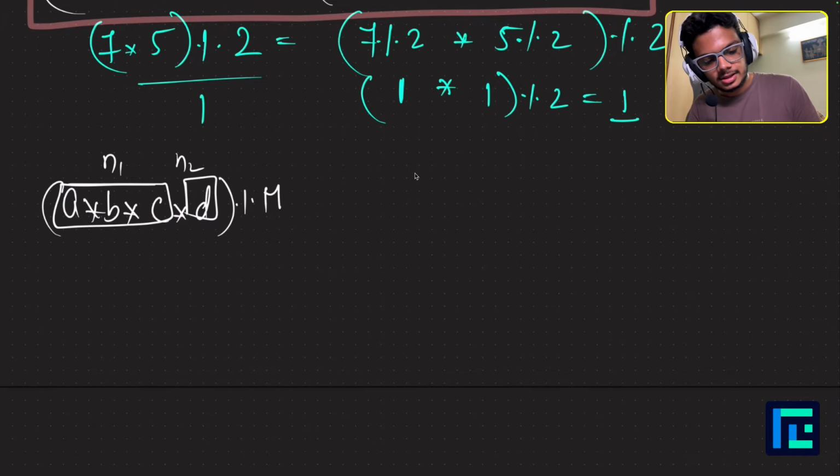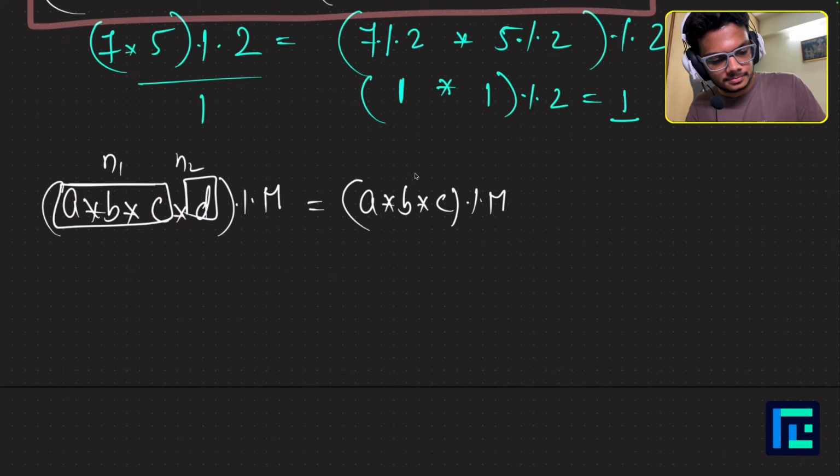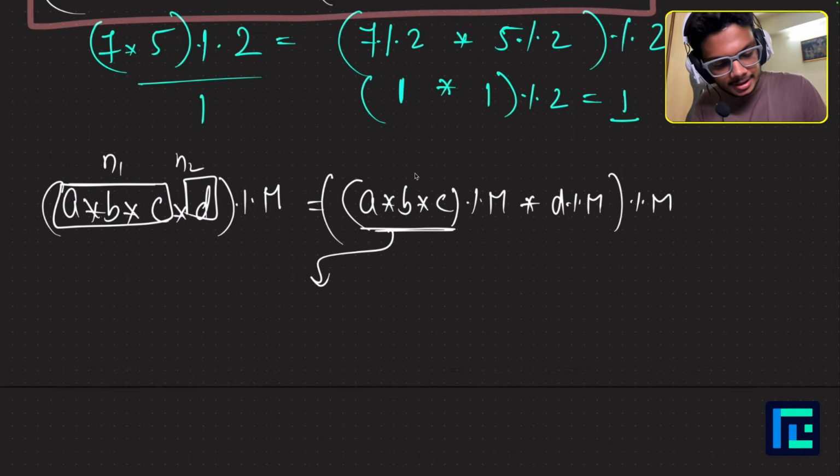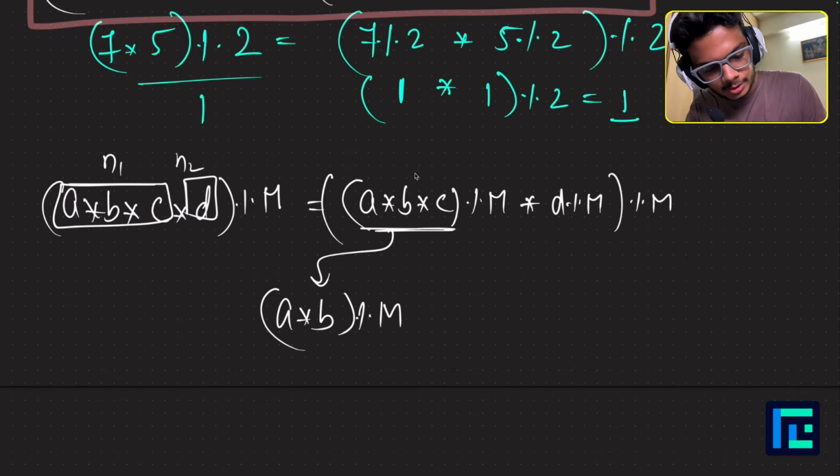So effectively this can be written as a into b into c, mod m, into d mod m, whole mod m. Similarly, this part can be broken down as well.